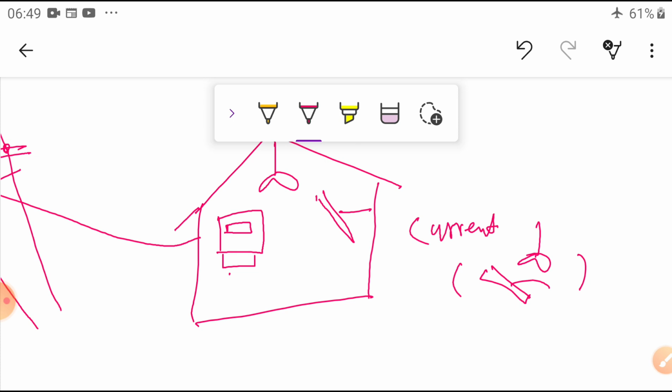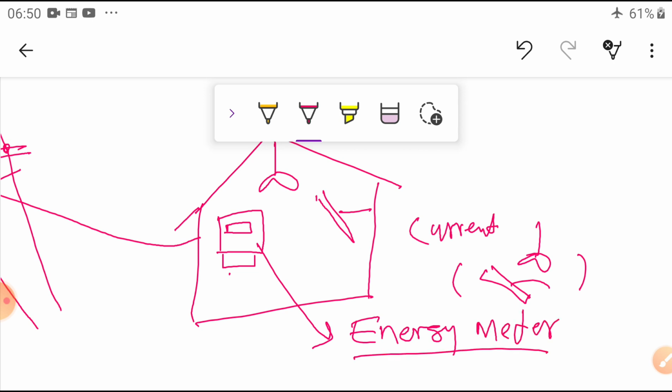So all this is observed by our God. Who is our God here? Energy meter. Energy meter. How you are doing your work, whether you concentrate your mind on your studies or you are simply idling, or really working, that is observed by our God.